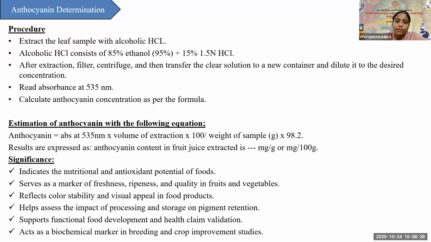After this extraction, filter or centrifuge it and transfer the clear solution to a new container, and dilute as desired. We can also dilute if it has a higher yield, and multiply by the dilution factor in the formula.